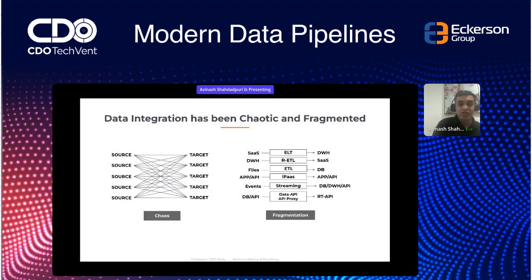How is this done today? We have seen this in different places. Data integration is fragmented and chaotic in most cases, and a lot of it is legacy software. In a pretty big enterprise, you would see the same sources and targets being connected by a different set of tools using different design patterns.